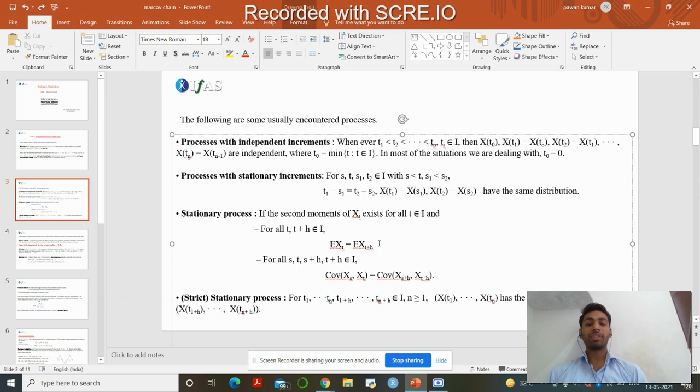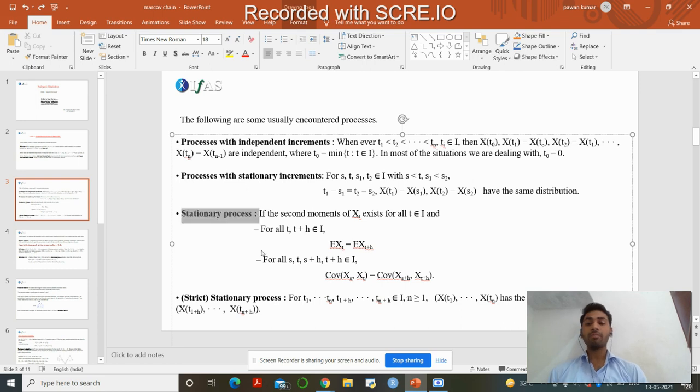Also the covariance of X(s) and X(t) is the same as the covariance of X(s+h) and X(t+h). Then we say this process is a stationary process.